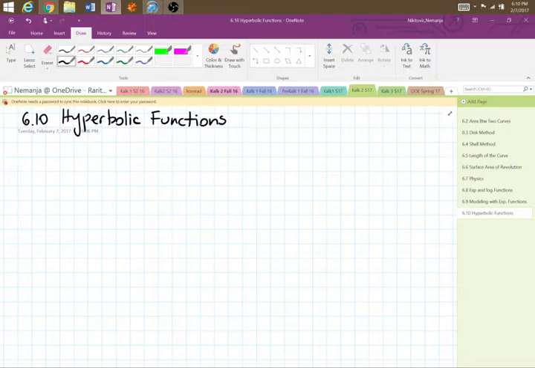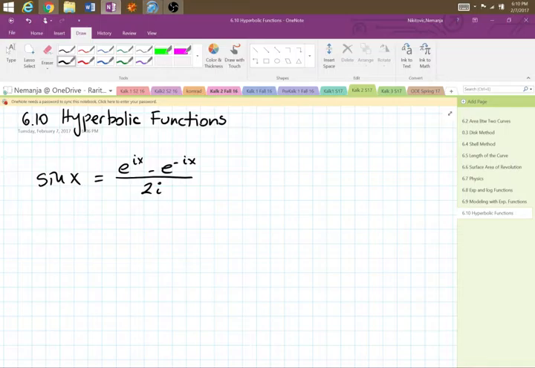So where does the idea for something like this come from? Well, I'm going to write something that we are not going to use in this class at all, which is that sine x can be written as e to the ix minus e to the minus ix over 2i.